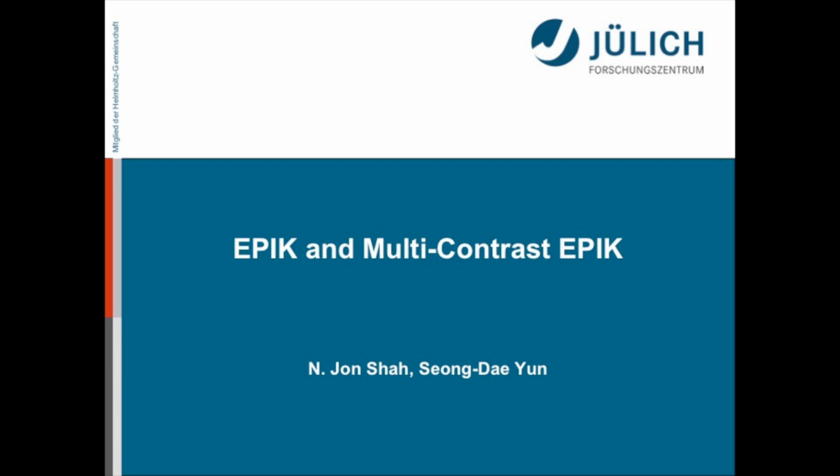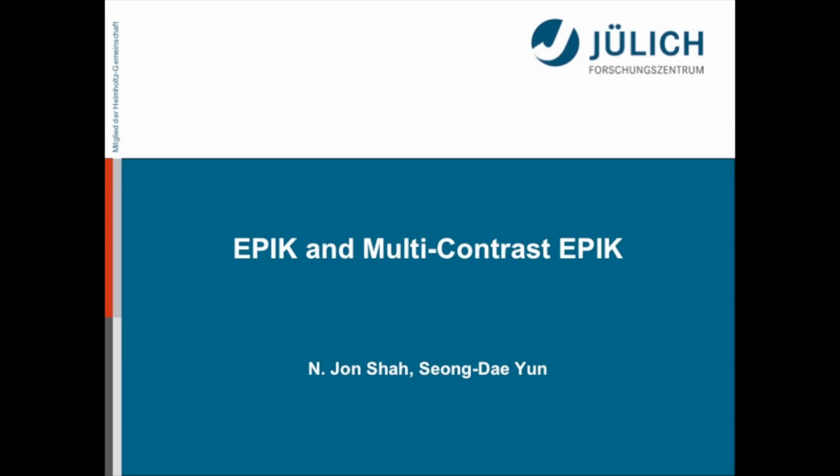I promised you that I'm going to talk about 9.4 Tesla as well. There's a lot of work on the roads to 9.4 Tesla, but also development of methods, my interest, for hybrid MR-PET. These are a couple of methods. Actually, it's quite old now, 2001 that I wrote the first paper on it.